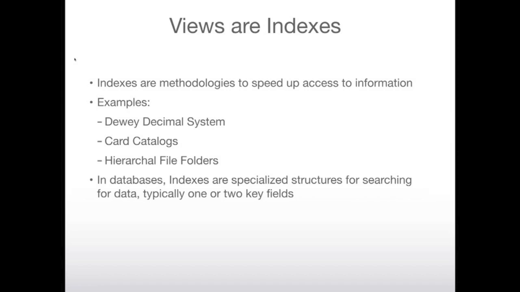So there are other natural indexes we've created. The Dewey Decimal System is another one. The old card catalogs is another one. And these are all systems to get to information faster. And in databases, indexes are specialized structures to access particular data for searching through data. And usually there's one or two fields that you are searching by in order to find the associated data with those fields.